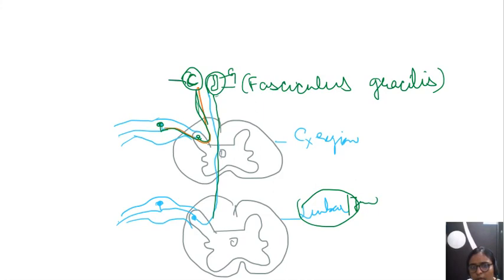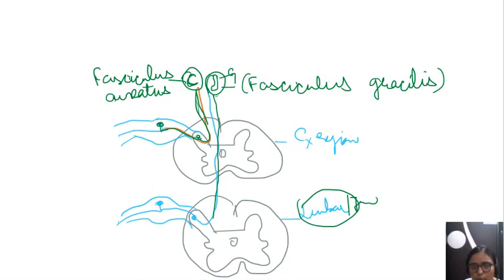Then laterally, these are called the fasciculus cuneatus. So fasciculus cuneatus is taking the sensations of your upper limb and from the cervical region.